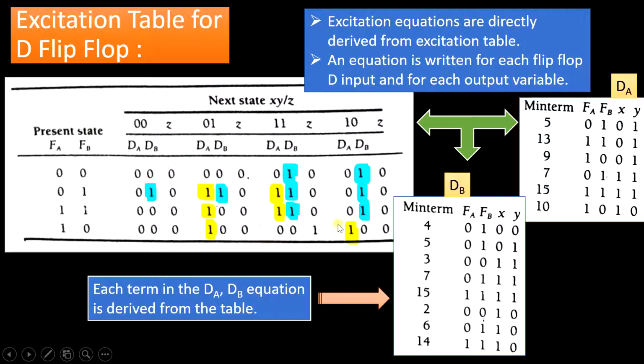Another minterm will be 1, 0, 1, 0, which is 10. All of these minterms corresponding to the flip-flop DA are highlighted in yellow color.